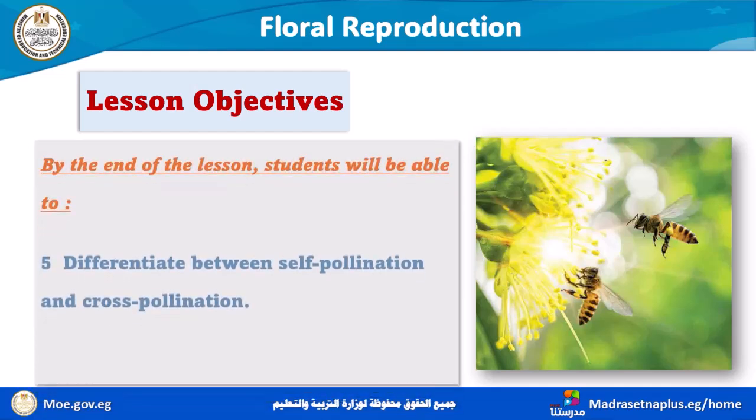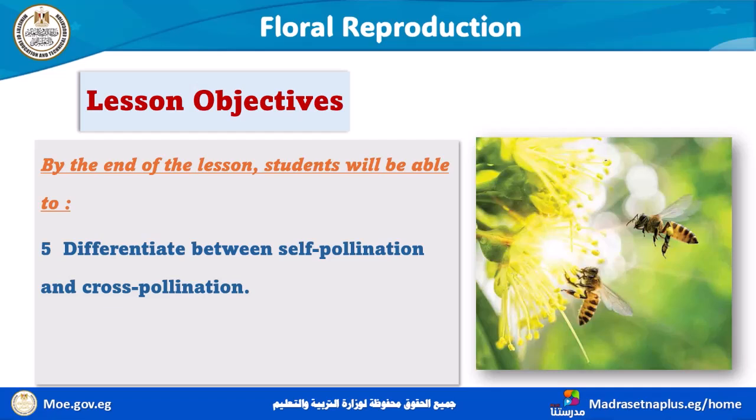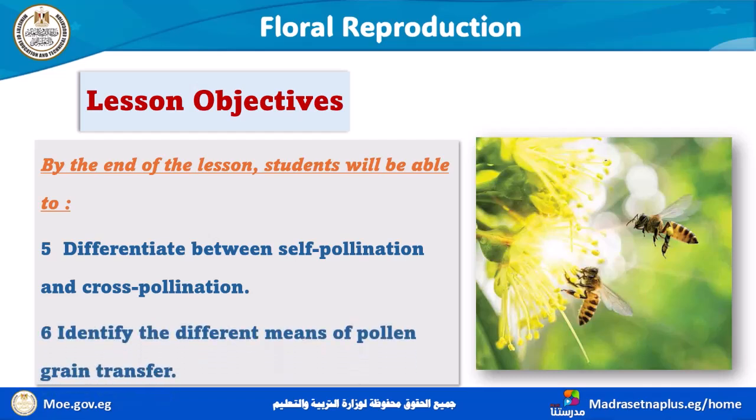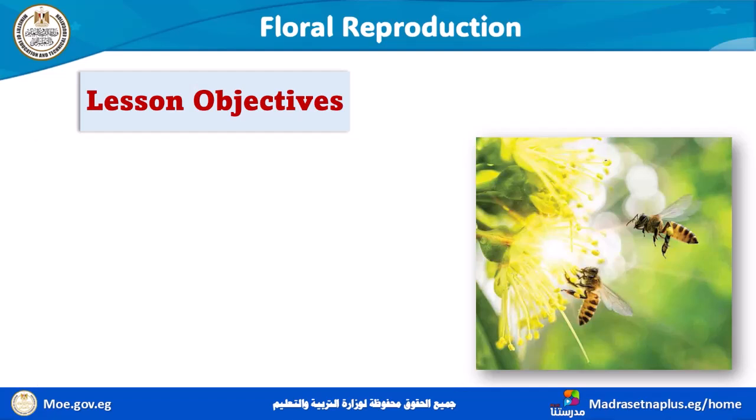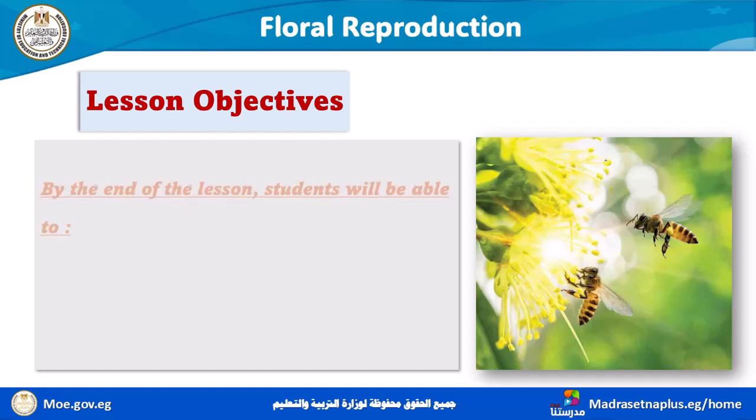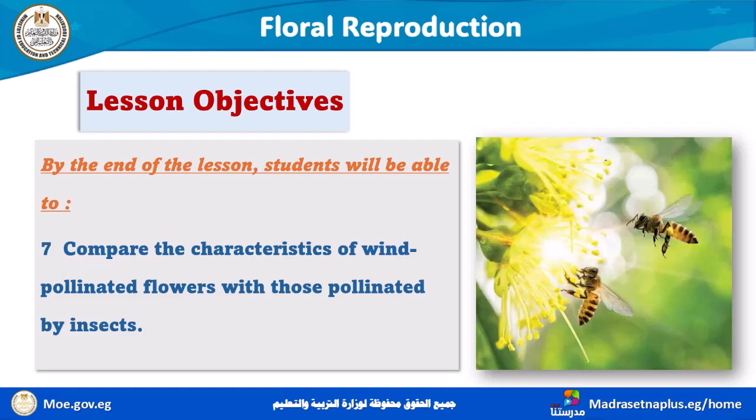Also, you will be able to differentiate between self-pollination and cross-pollination, identify the different means of pollen grain transfer, and compare the characteristics of wind-pollinated flowers and those pollinated by insects.